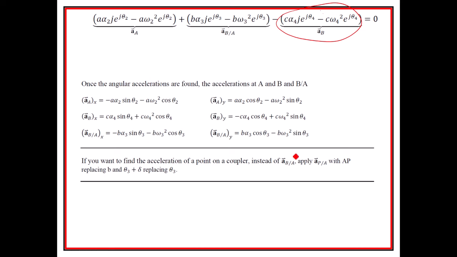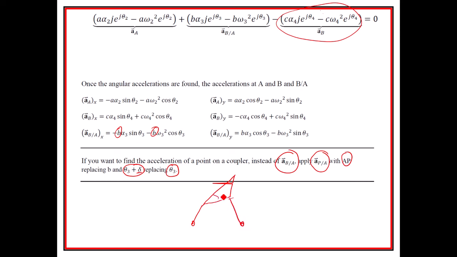So instead of writing out the B with respect to A, we could make this a P with respect to A, and really the only things that are going to change, we would replace B's with AP and replace theta 3 with theta 3 plus whatever the coupler angle is. So we'll make it look like this right here.